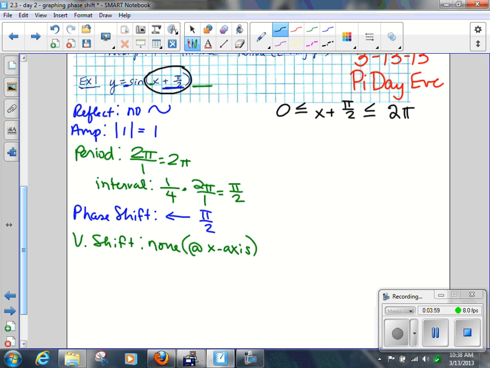This is moving the curve sideways, so we have to do this compound inequality in order to find how many units I have moved it to the left, how many units I have moved it to the right. The interval is always 1/4 times that period that you have just found.